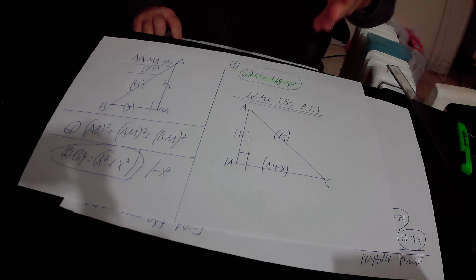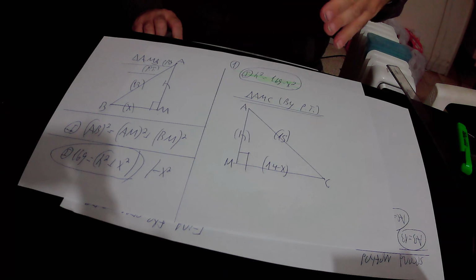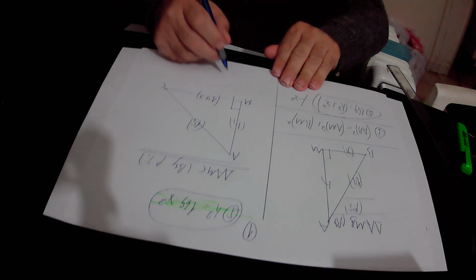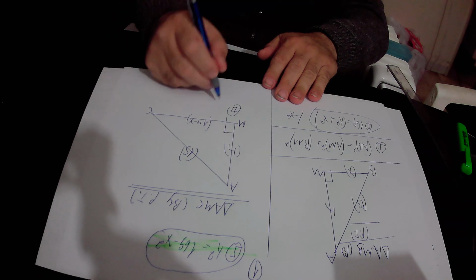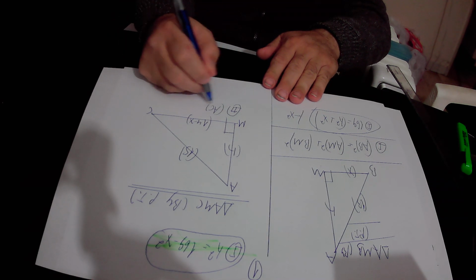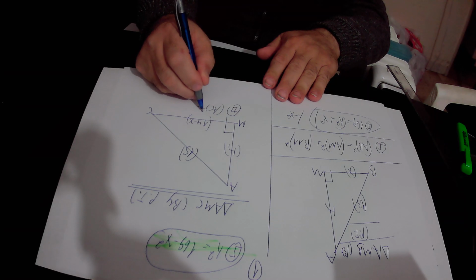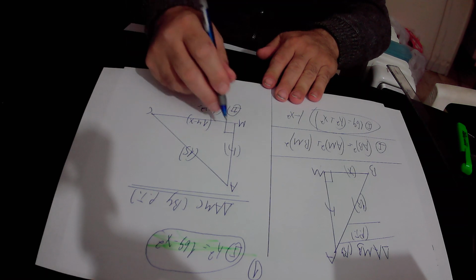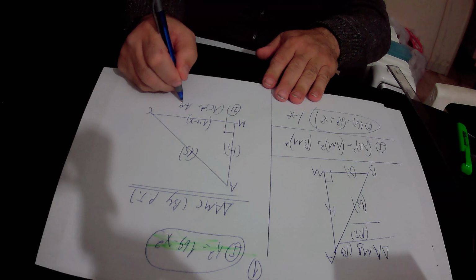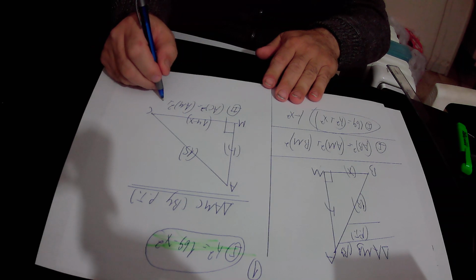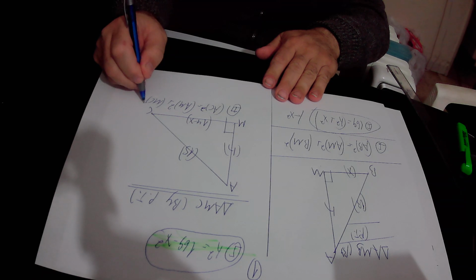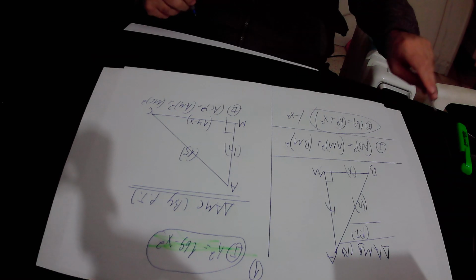According to the Pythagoras theorem, in this right triangle AMC, AC square equals AM square plus MC square.